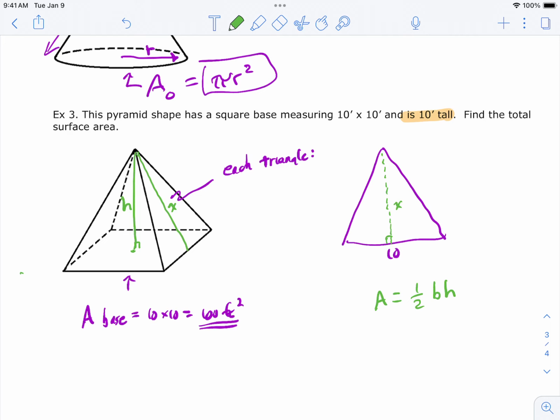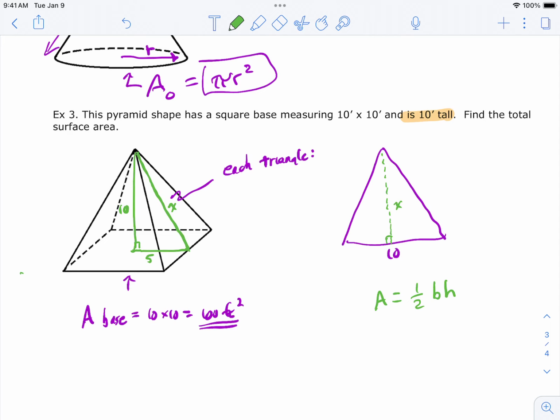I'm trying to get that X there, which is the height of the triangle. It's measured along the surface of the pyramid right through the middle of one of its sides. Now the H they gave us, and it's 10 feet, so maybe I'll erase the H and put 10 feet there. And, well, we might as well join this to this. So if it's 10 feet all the way across, that must be 5 feet, right?